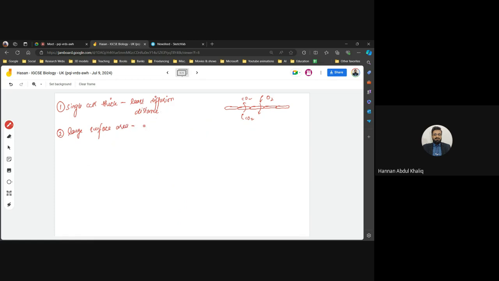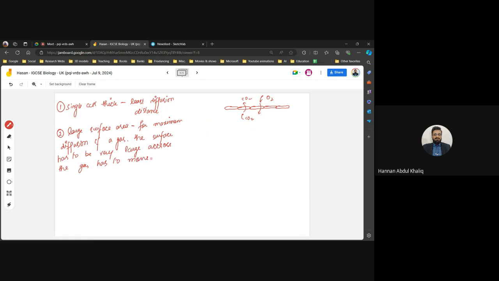It means that for maximum diffusion of a gas, the surface has to be very large, across which the gas has to move.